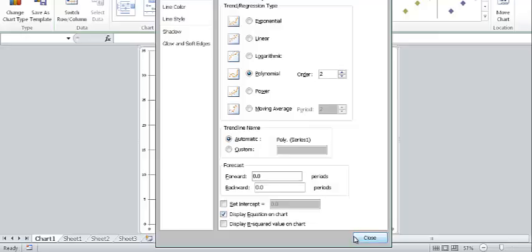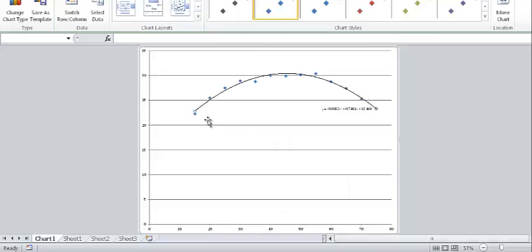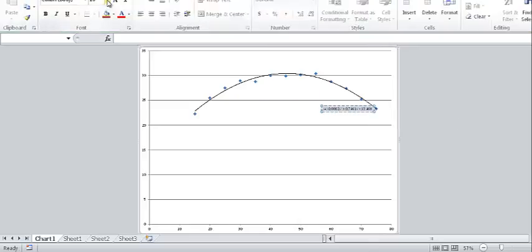And I think that should work. So there it is. There's my graph fit. And let's click on the equation and make it bigger. So I'm going to highlight the equation, go over here to font, and make it bigger. So that's the actual equation.